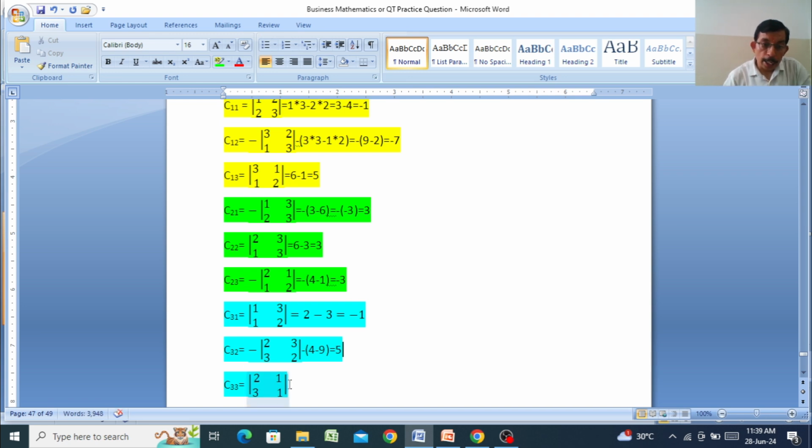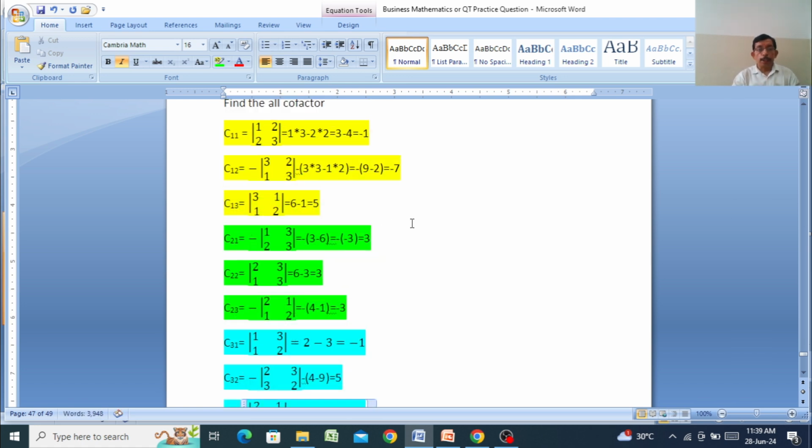Now we come to the last cofactor, which is equal to 2 times 1 minus 3 times 1 times 3, is equal to minus 1. So these are the cofactors of the given matrix.